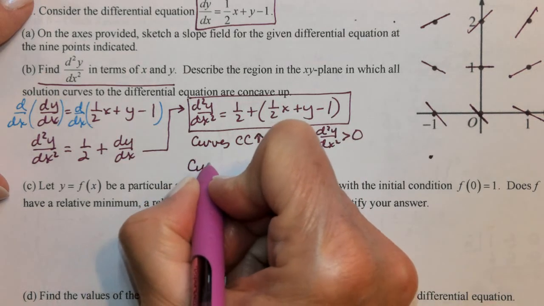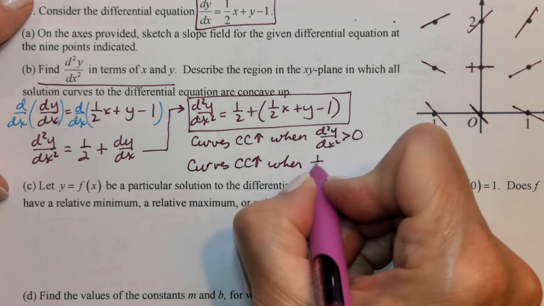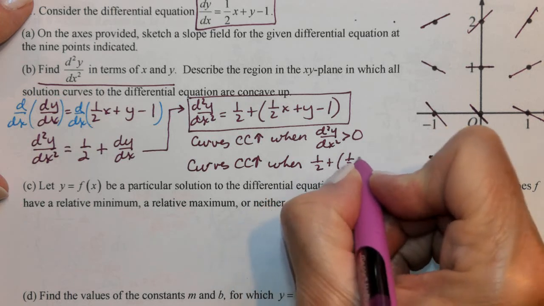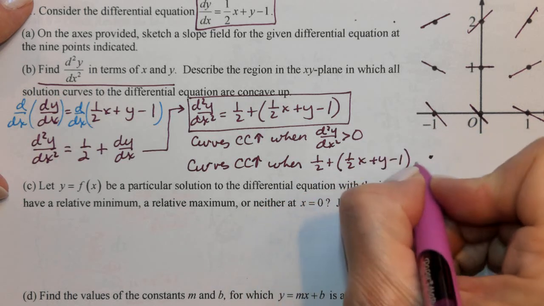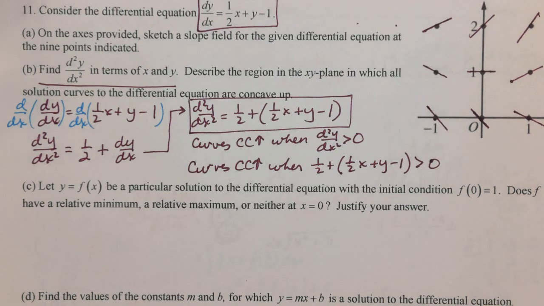So the curves are concave up when 1/2 plus 1/2 x plus y minus 1 is positive. Did I describe the equations of the curves when the curves are concave up? Yeah, I did. Is it simplified? No. Do we have to simplify? No, we don't. That's sufficient. So we're good. All right.